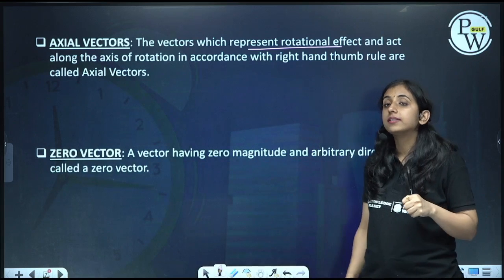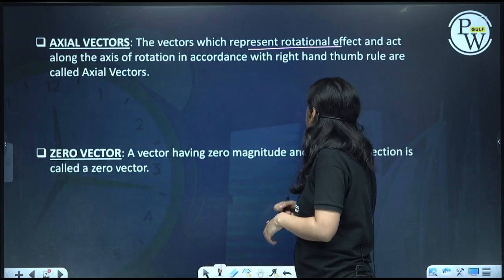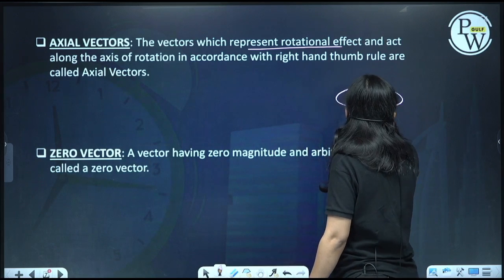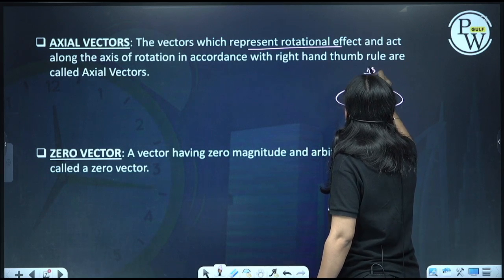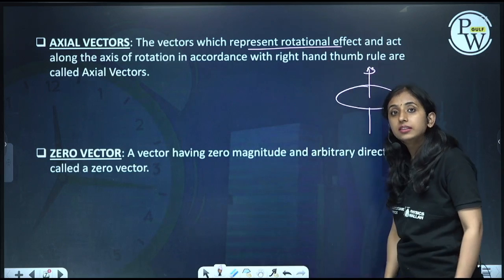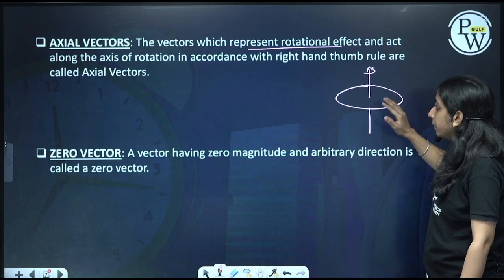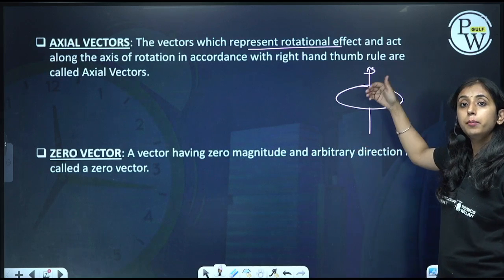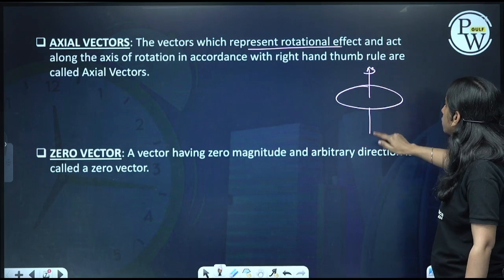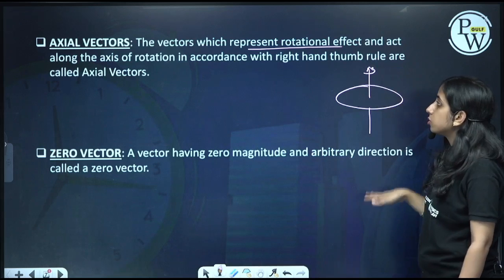All these vectors act along the axis of rotation. So if my particle is rotating like this in this plane and this is its axis of rotation, omega will act along this direction, and similarly angular momentum will also act along this direction.